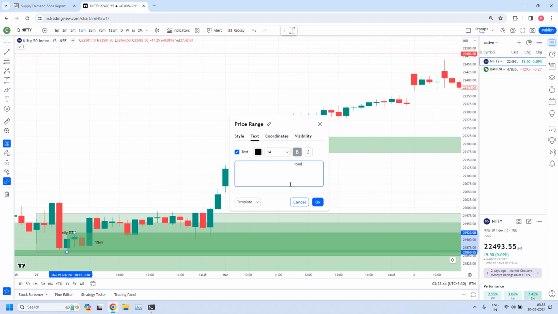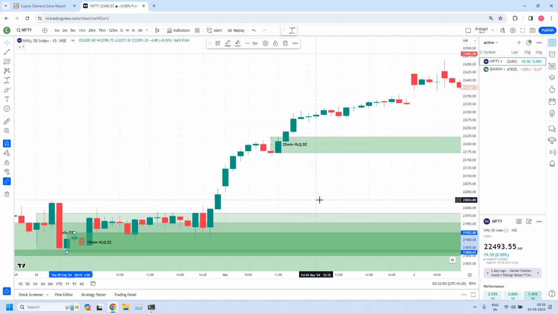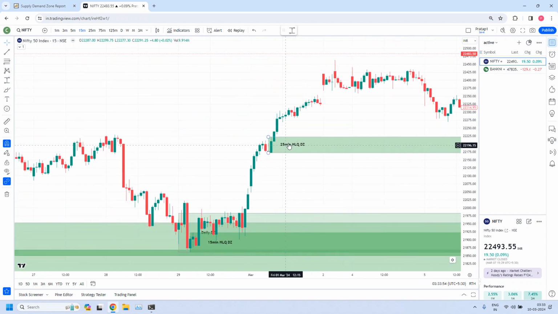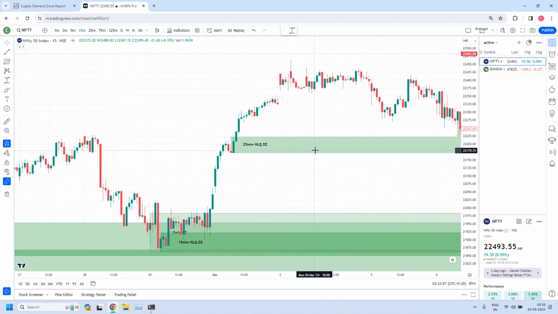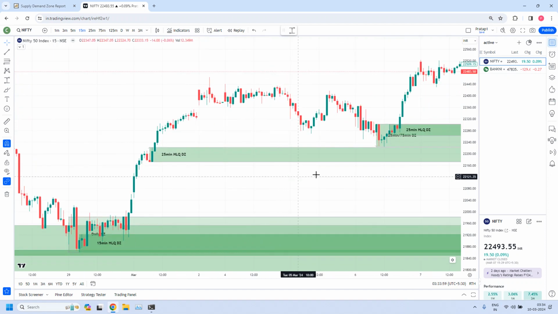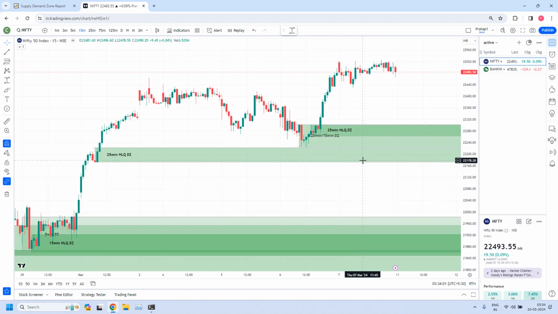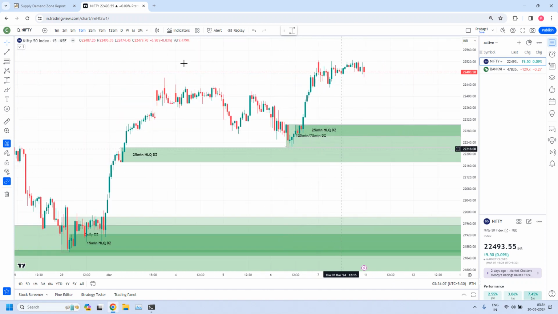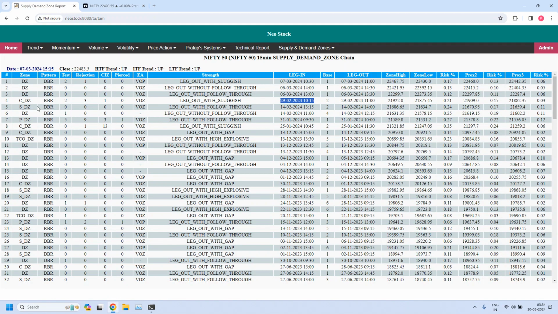This is 15-min high liquidity demand zone. Okay, but above we have 25 minutes high liquidity demand zone. And again here we have another 25 minutes high liquidity demand zone. But 15 minutes demand zones are there. At present they are normal.